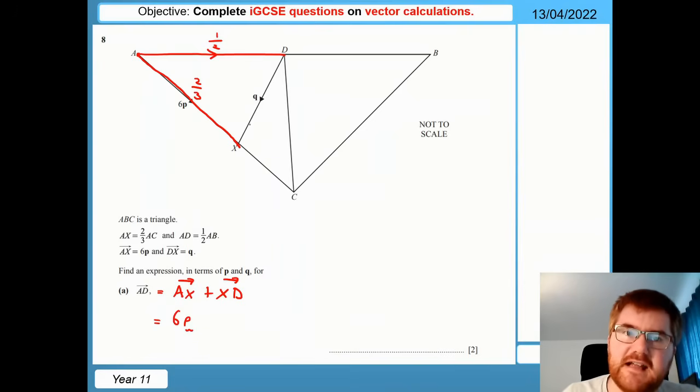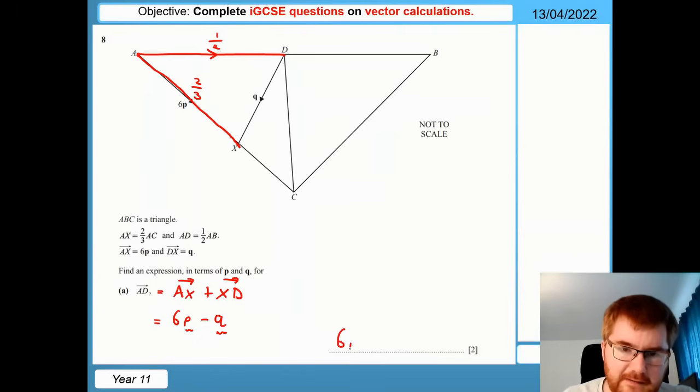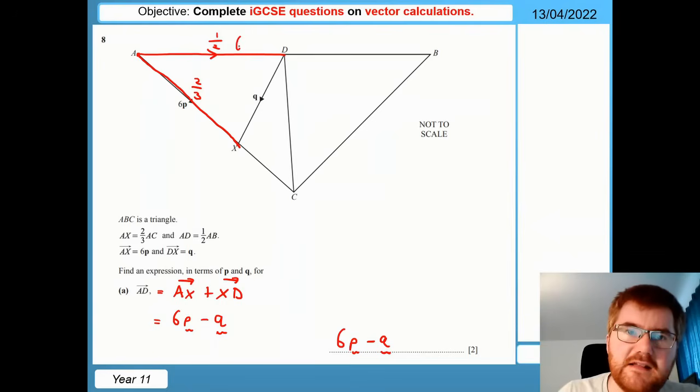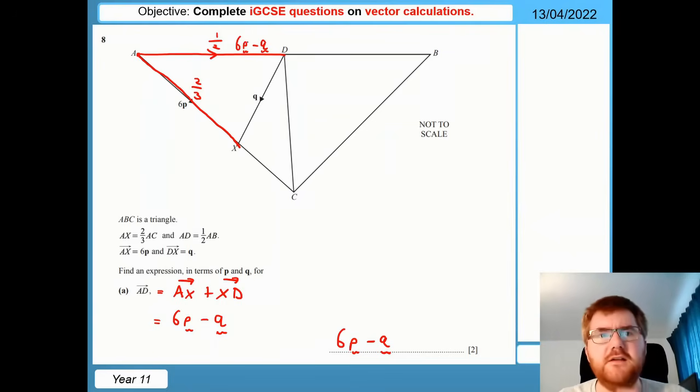And then the vector XD we have to be careful of here, because remember, going from X to D, not D to X, we're going the opposite direction to the arrow, so that's going to be equal to minus Q. So that's going to be our final answer, 6P minus Q. Remember those squiggles underneath, and I'm going to write this next to the half I wrote in. So this vector A to D in this direction is equal to 6P minus Q.